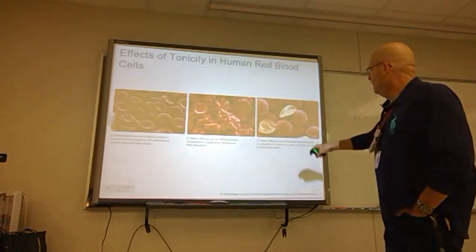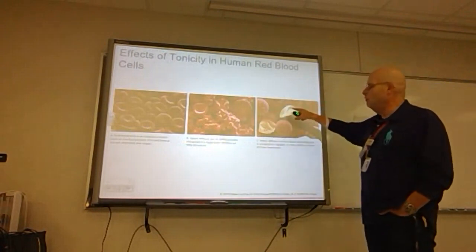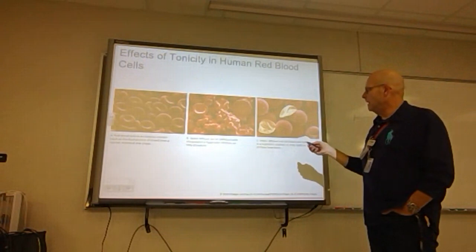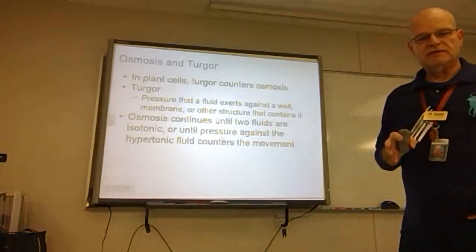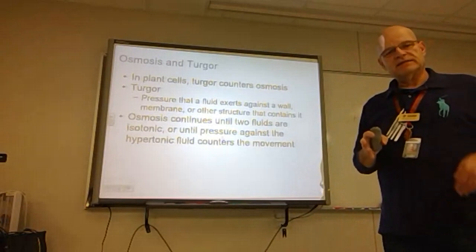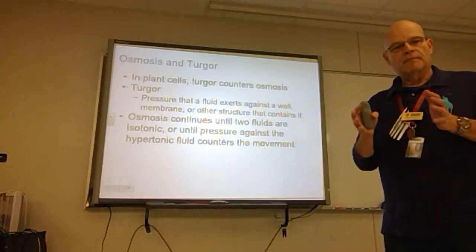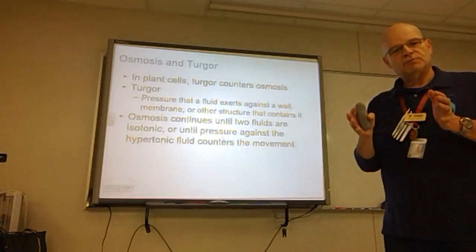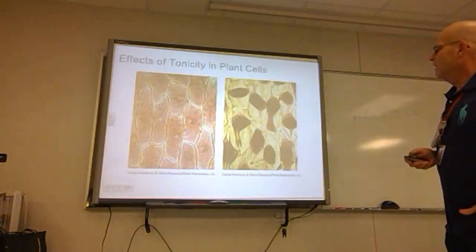If we back up one, animal cells will do this. If you place them in a hypotonic solution, they will swell and burst. Plant cells, on the other hand, will not do that. Because of the presence of the cell wall, the plant cells are going to expand to a certain level, and then they're going to stop because the pressure is preventing any more osmosis from occurring.